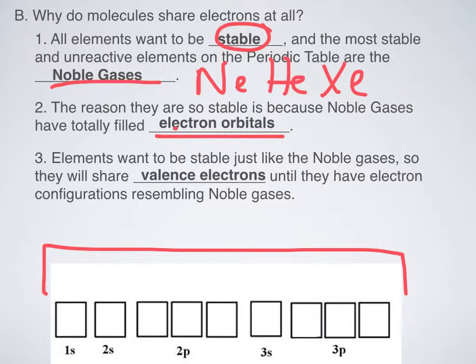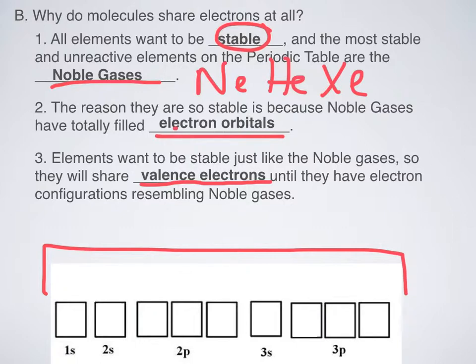Now remember, elements want to be stable just like the noble gases are. That means that every other group on the periodic table that is not a noble gas is not exactly as stable. So what they will do is share their valence electrons until they have electron configurations that resemble noble gases. So flash back to what noble gas configuration looks like.